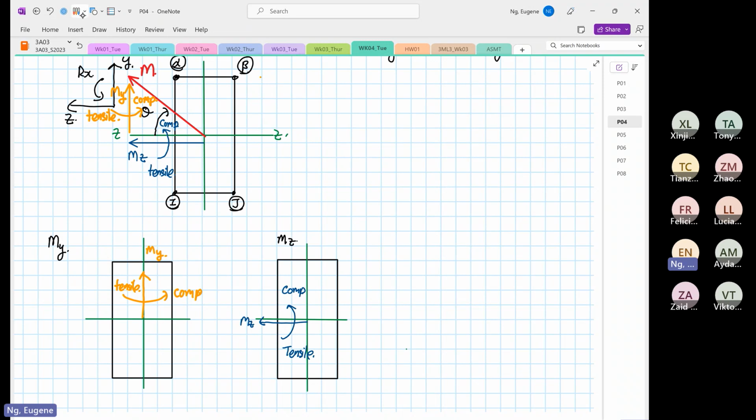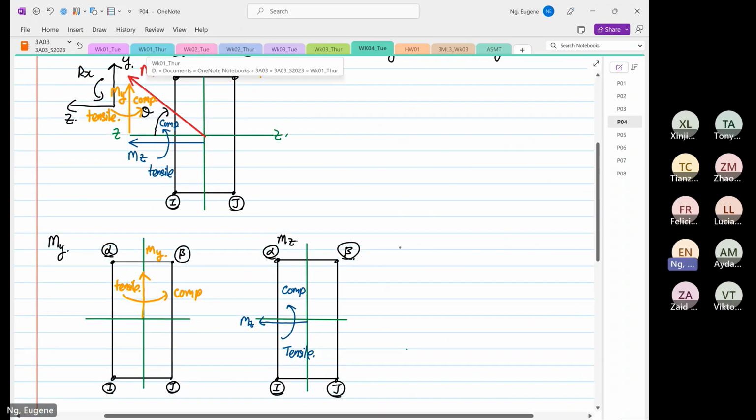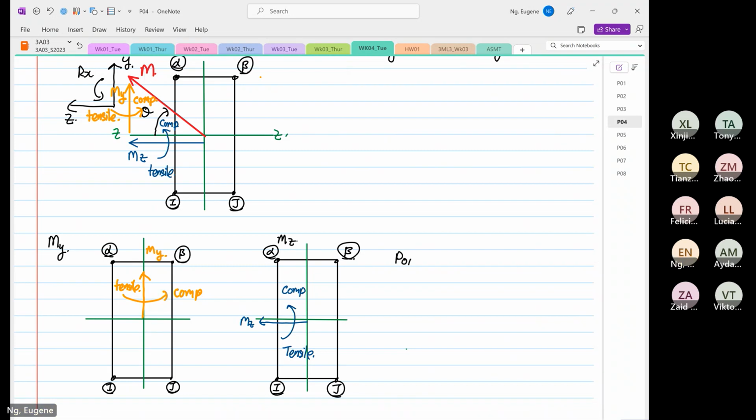Then again we label alpha, beta, I, and J. Now I'm going to write out the table. So we have points alpha, beta, point I, point J.